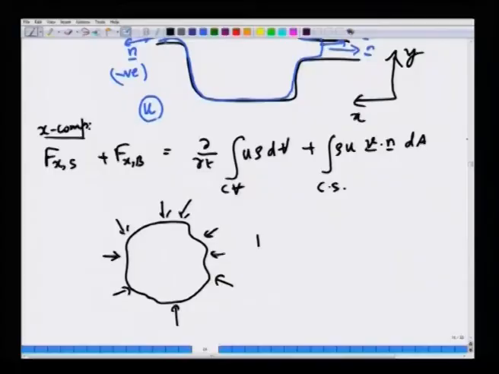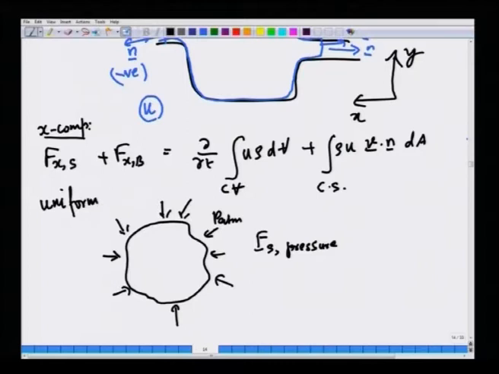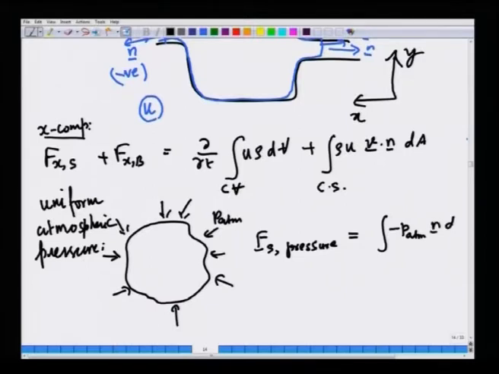Now, in such a case, the contribution to surface force due to pressure, if it is uniform atmospheric pressure, F s pressure will then be integral of minus P atmosphere n dA.